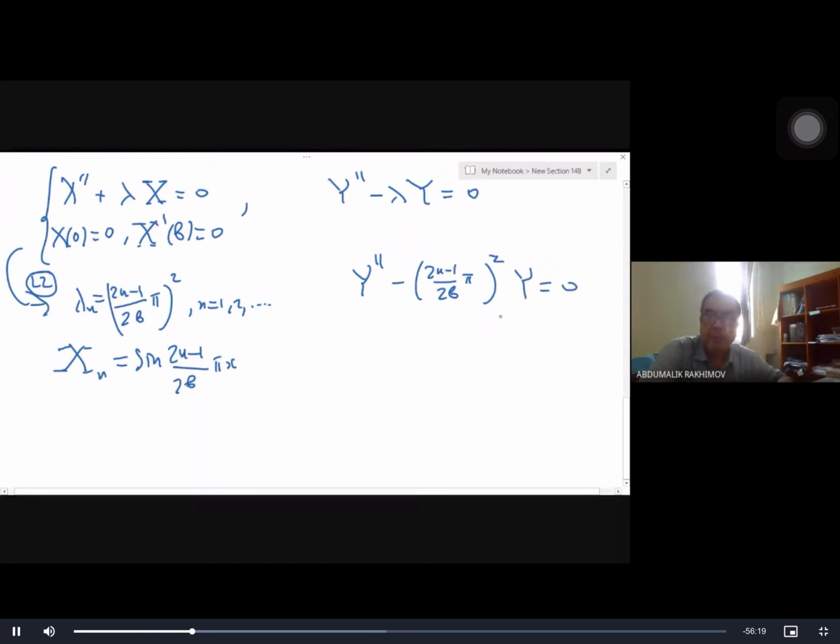And this is strictly positive, so with this minus, it is negative. Then, using lecture number 1, equation 1.8, the solution Y will depend on n, because we have many lambdas.